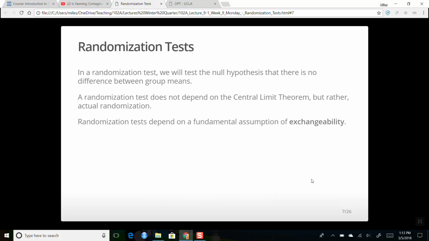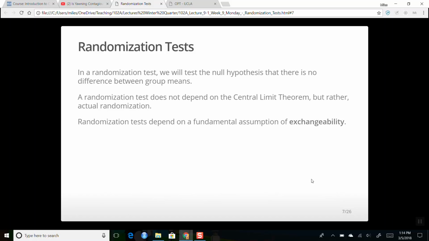The alternative that we can do is a randomization test. And in a randomization test, we do not use the central limit theorem, okay? We don't depend on any kind of distribution for the sample statistic. The critical assumption we depend on is what we call exchangeability, okay?